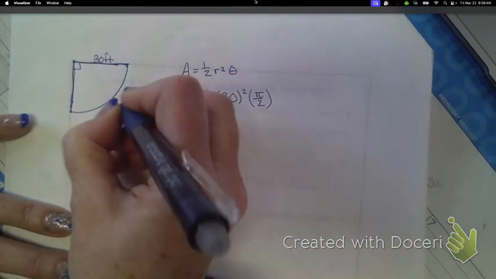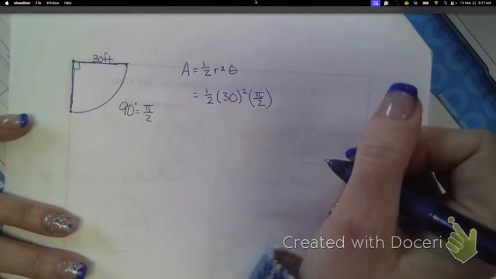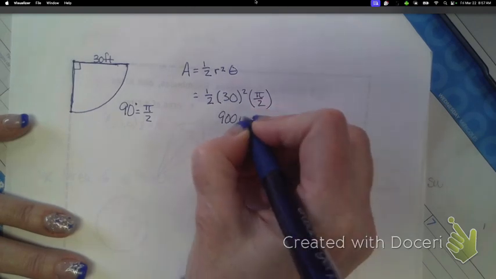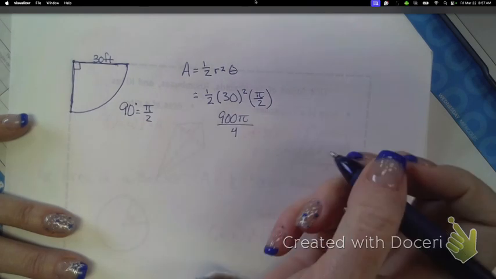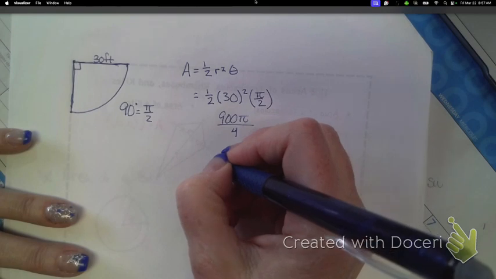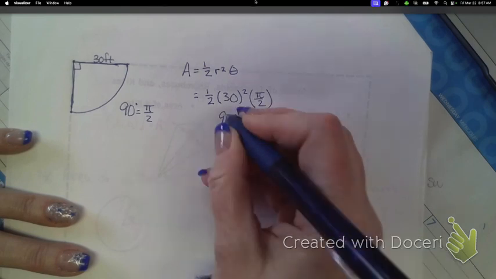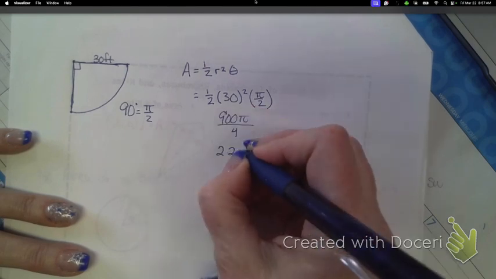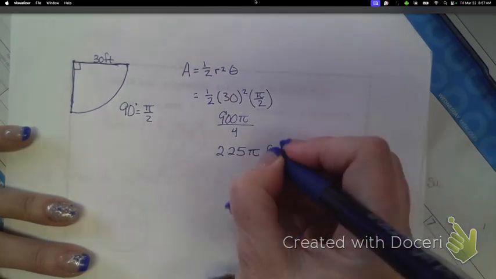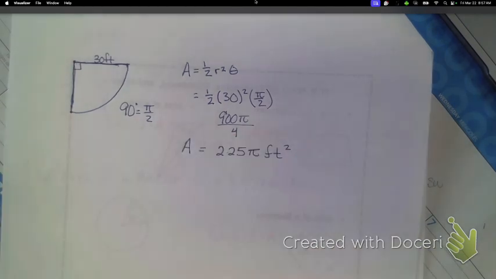It might help you before you even start these problems to put them into radians. Okay, so 900 pi divided by 4. So 4 goes into 9 twice, carry 1, 2, carry 2, 5. 225 pi feet squared. It's about 707 square feet.